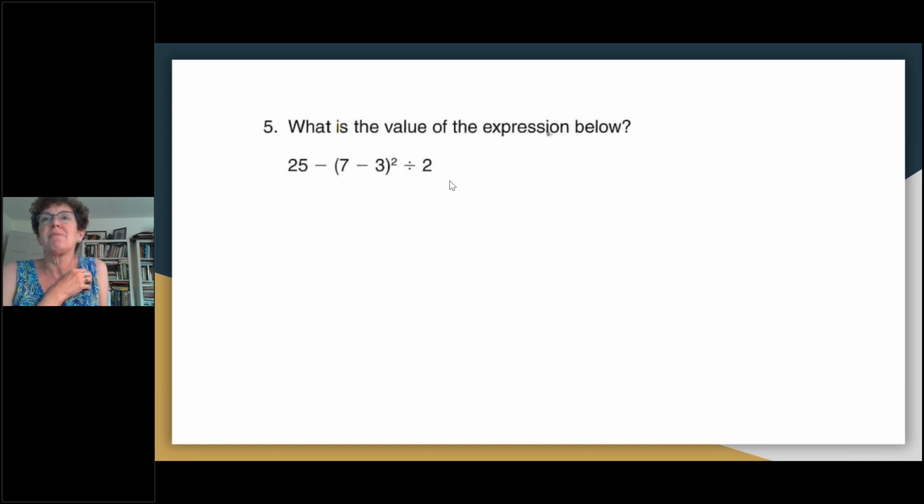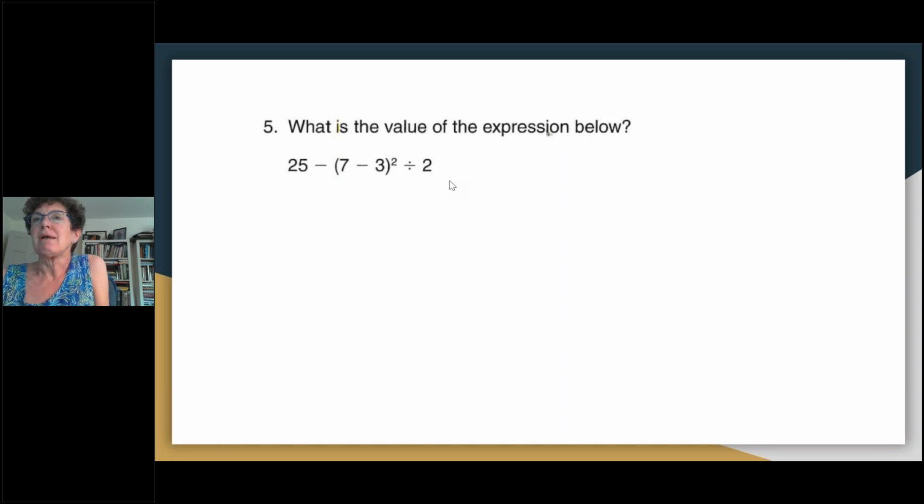A lot of times people talk about this as requiring the order of operations so that you understand which order you should do the mathematical operations in. And by operations, we mean addition, subtraction, multiplication, and division.